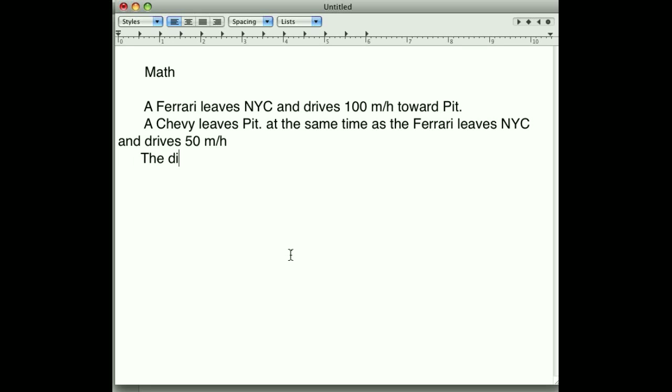The distance between New York City and Pittsburgh is 200 miles.